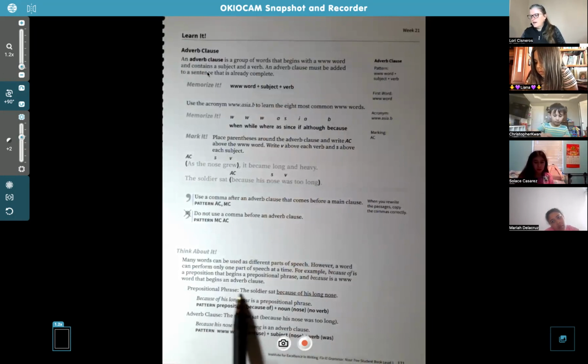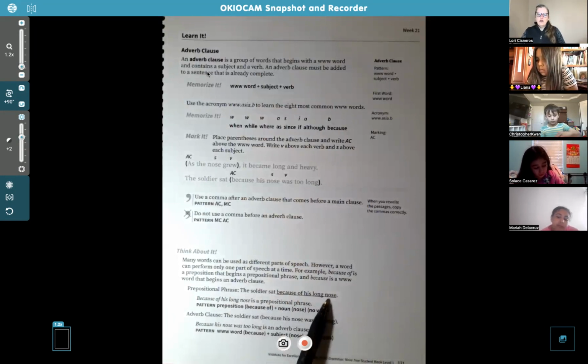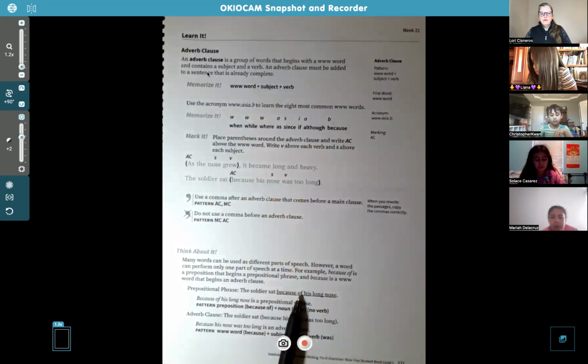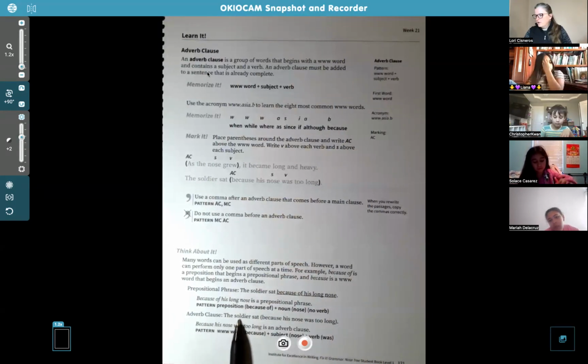So here's the example as the prepositional phrase. The soldier sat because of his long nose. Because of his long nose is underlined because it's a prepositional phrase. It has because of. But look down here at this adverb clause example. It says, the soldier sat because his nose was too long.